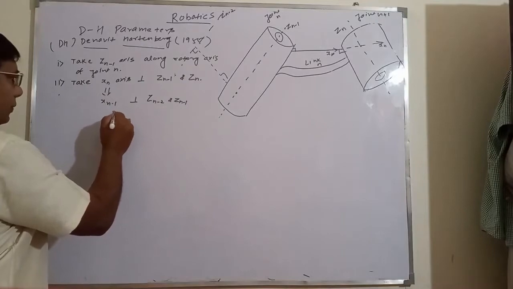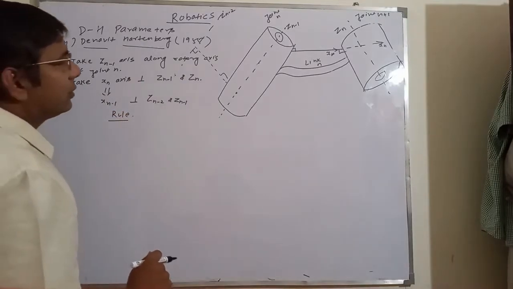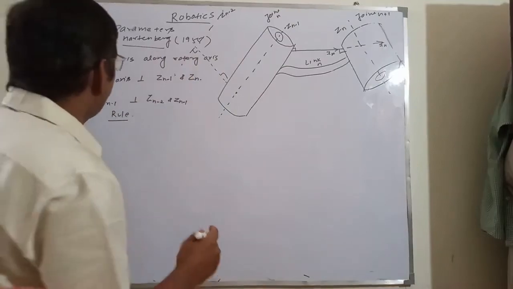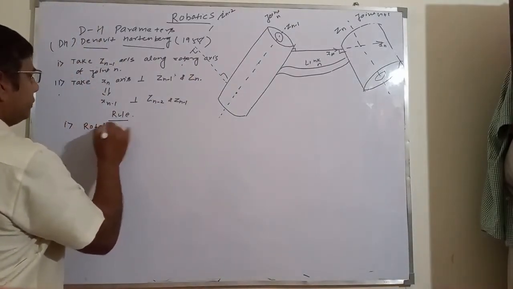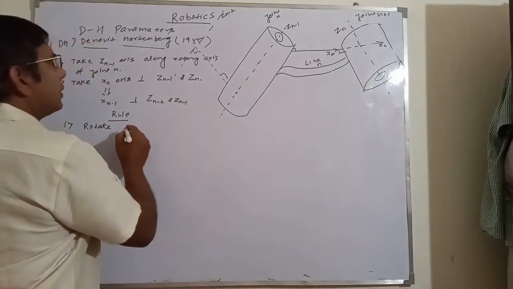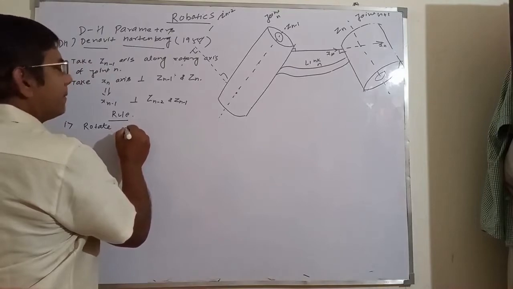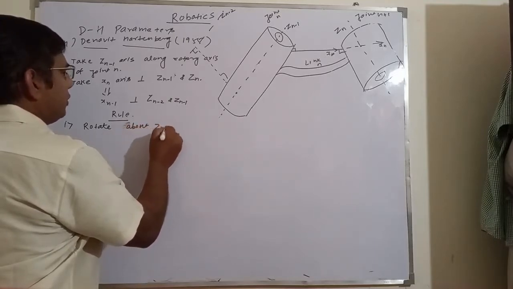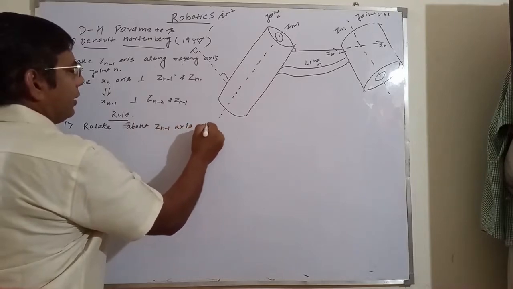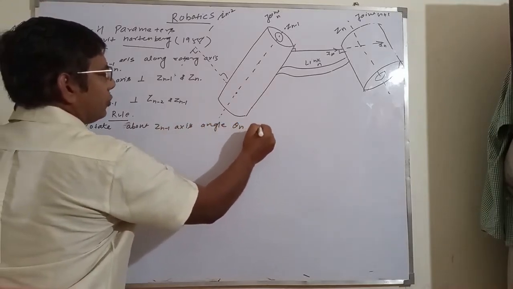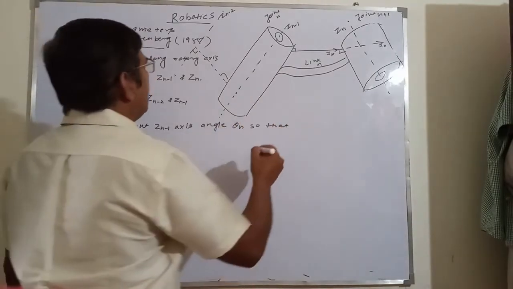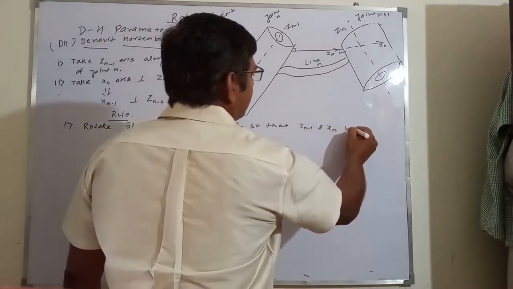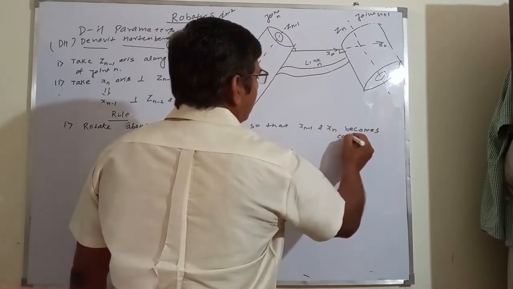So let's write it here. First rule one, then rule two. So the first one is: rotate about z minus 1 axis by angle theta n so that xn minus 1 and xn become coplanar.